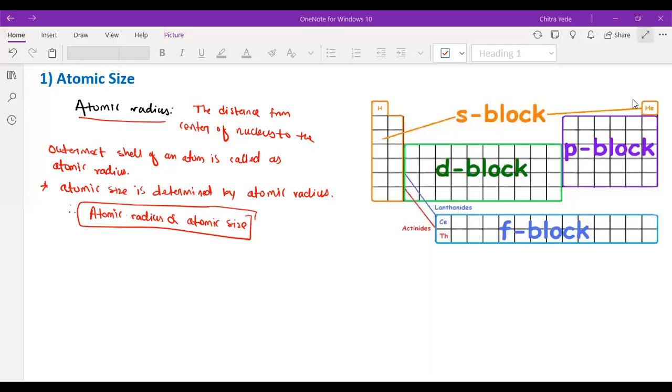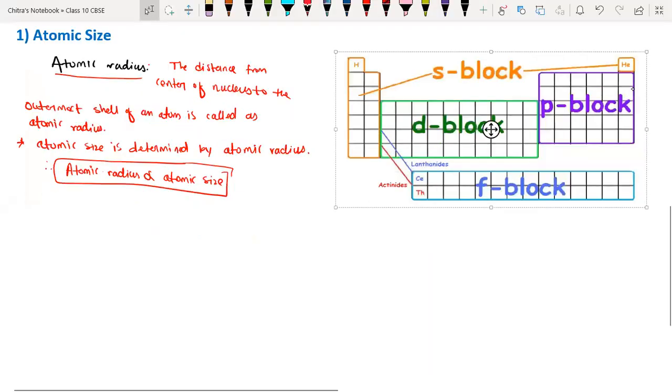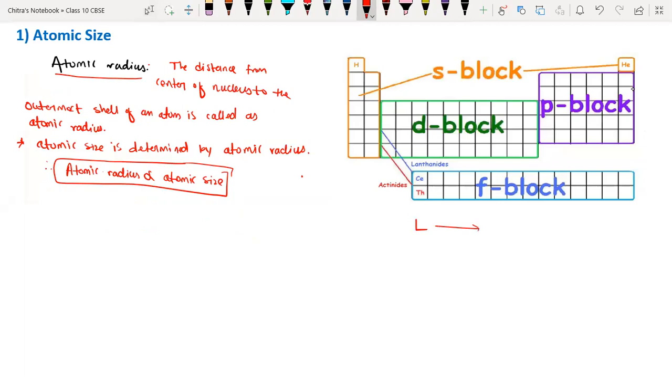Now we are going to understand the trend of atomic radius in groups as well as in periods. We know that when we move left to right, it means period, and when we move top to bottom, it is the group.